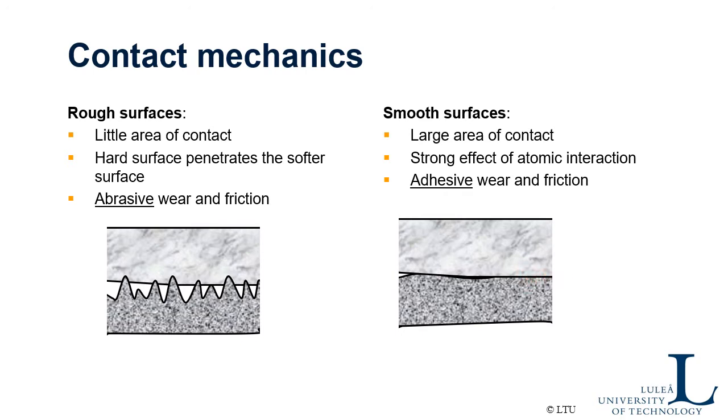And if this real contact area is big enough, you may have such strong forces that you rip off material from one side to the other one. And that creates an adhesive wear and also adhesive friction. So this is also important to remember.